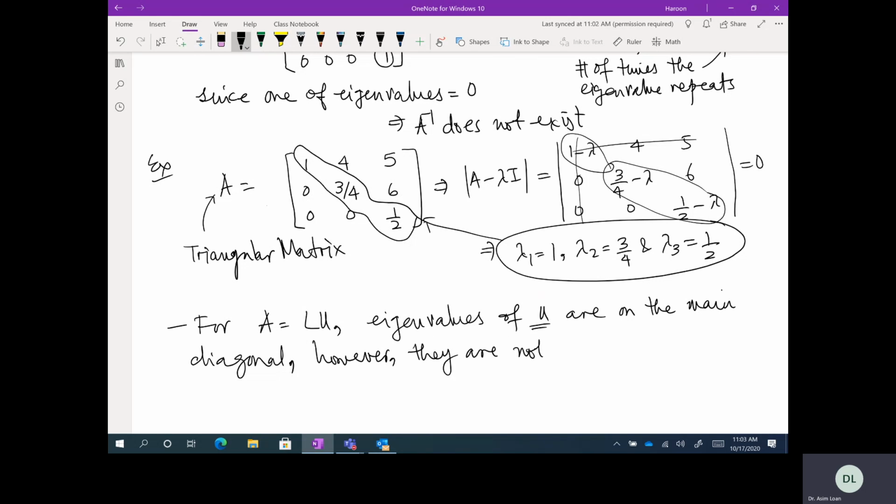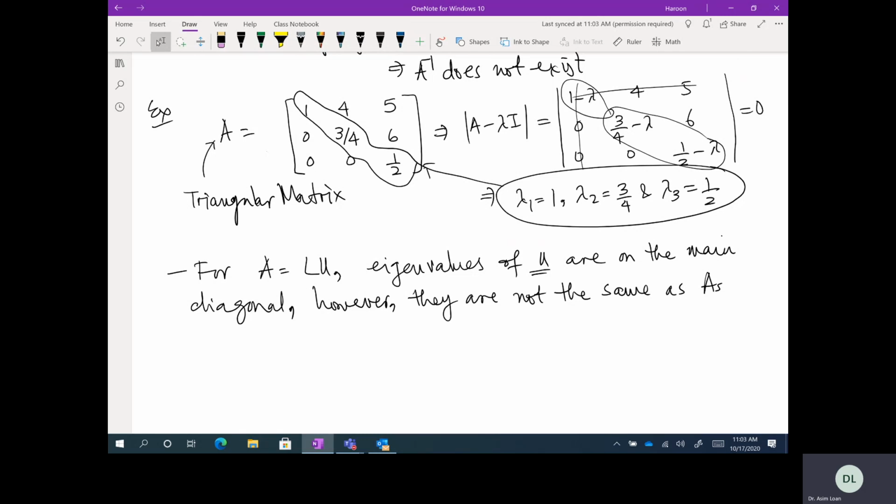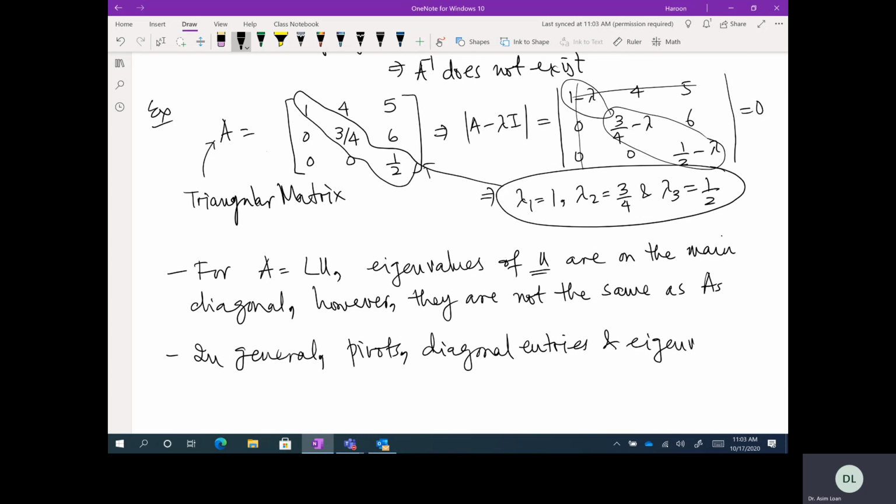However, they are not the same as A's. So that's why the reduced row echelon form is not going to help us over here. And in general, the pivots, diagonal entries, and eigenvalues are completely different.